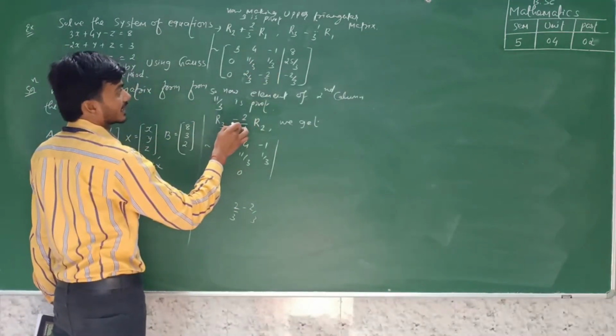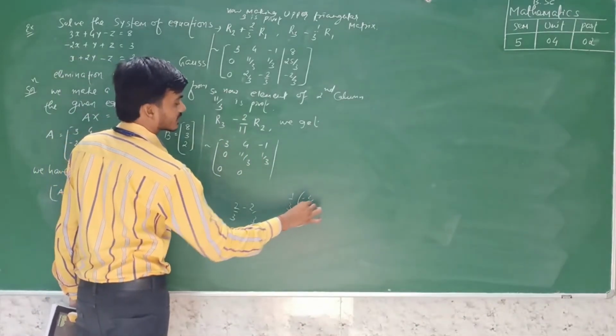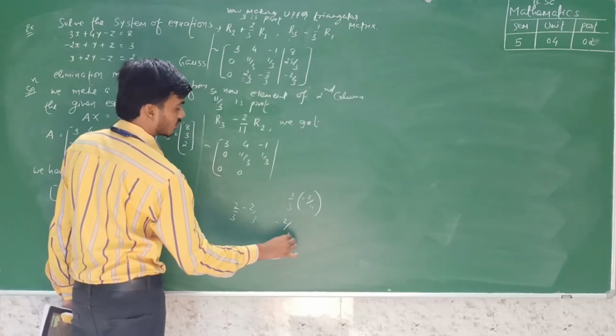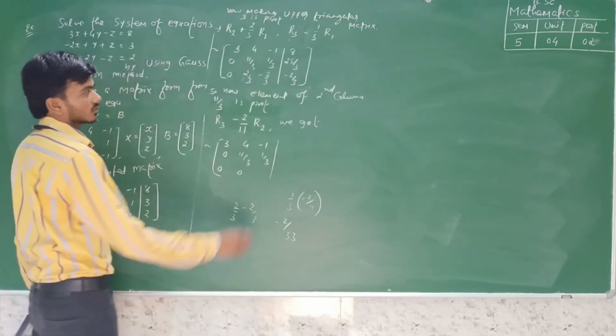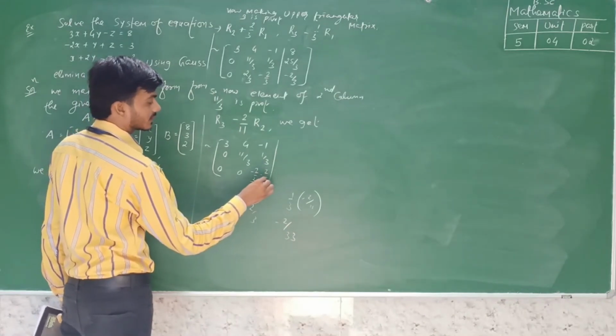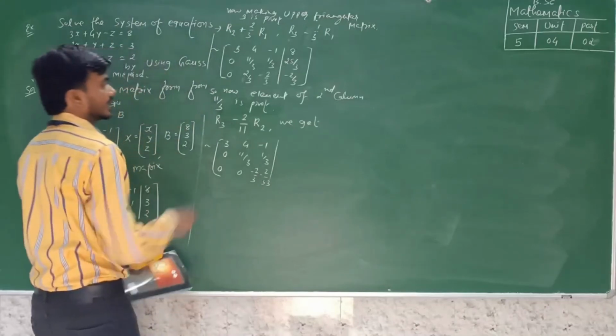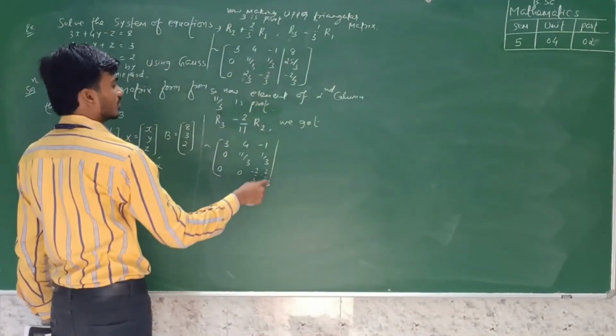Then 1 by 3 into minus 2 by 11 is minus 2 by 33. So minus 2 by 3 and minus 2 by 33 are added.